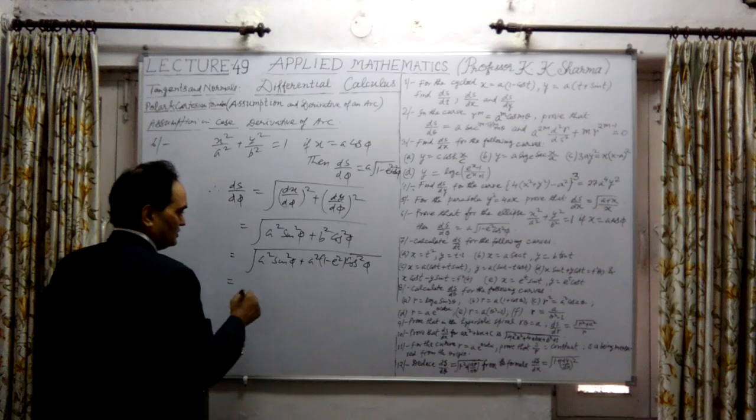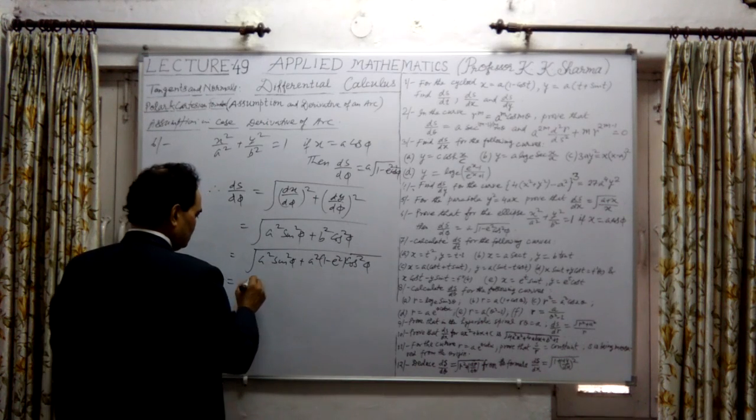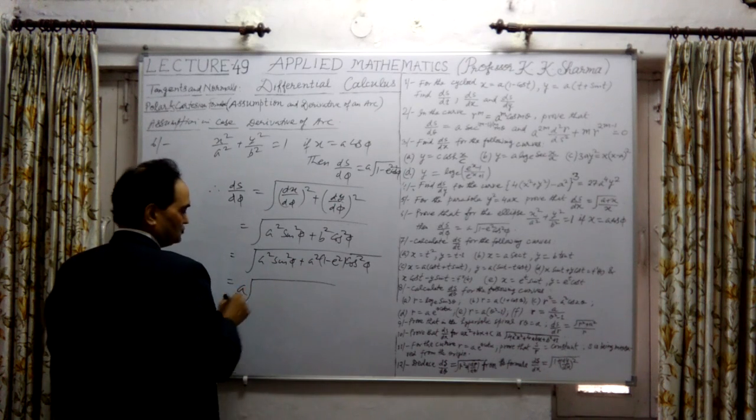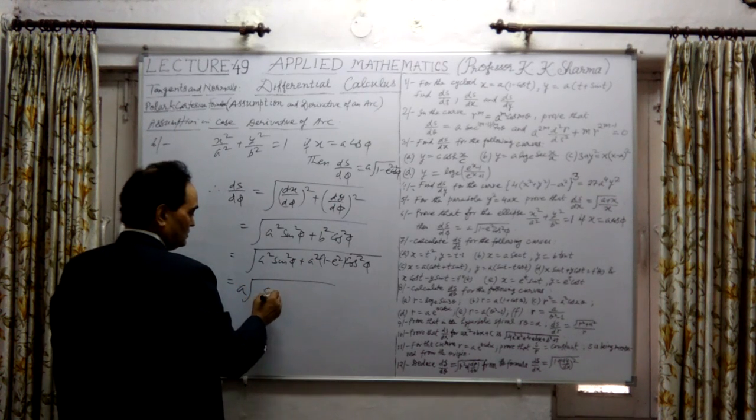Okay, so let me solve it further. Now a square is common, so a comes out of the square root.